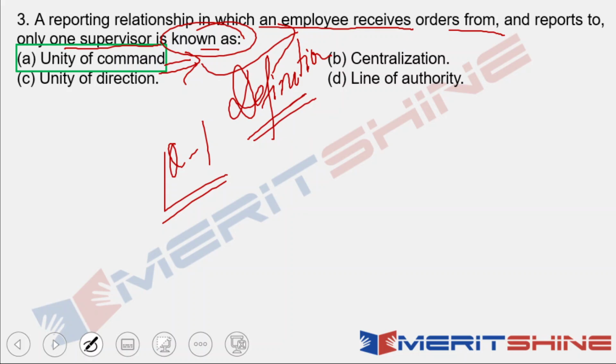When you read question number 3, you immediately remember those were the 14 principles, so we need to answer unity of command, where an employee receives orders from and reports to only one supervisor.